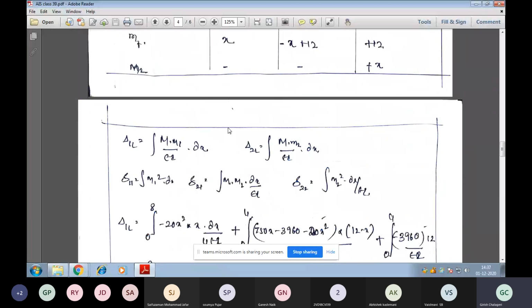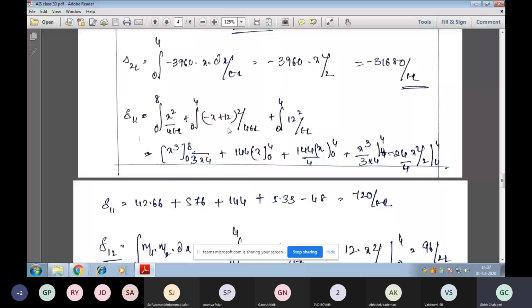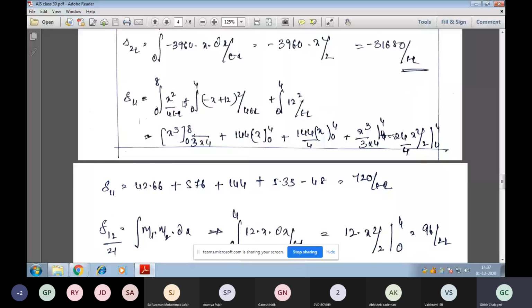So that will be x square by 4EI plus, with limit 0 to 4, the second member DB, minus x plus 12 into 10 square divided by 4EI, plus the third member 0 to 4 integration, 12 square by EI. So integrating this, x square by 4 will be x cube by 3 by 4EI, that is 12 x cube by 4, integration with respect to 0 to 8.